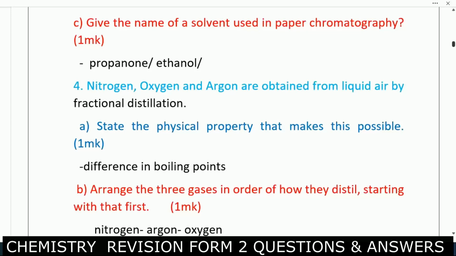Number 4, nitrogen, oxygen, and argon are obtained from liquid air by fractional distillation. That's how you obtain those gases, fractional distillation. Next, state the physical property that makes it possible to separate those gases. They have different boiling points.